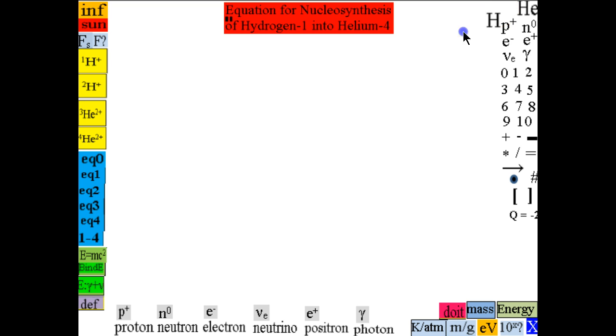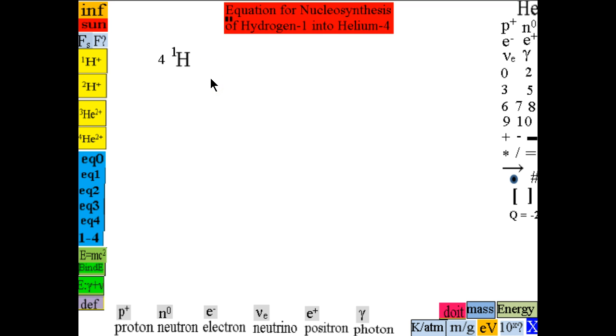We start out with hydrogen, and we need essentially 4 of hydrogen, and it is a hydrogen 1. That means it is a hydrogen that has only 1 proton.